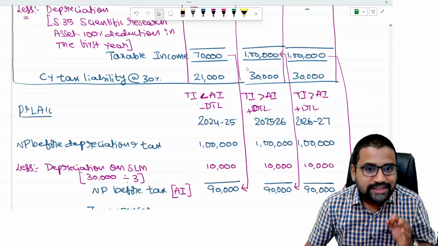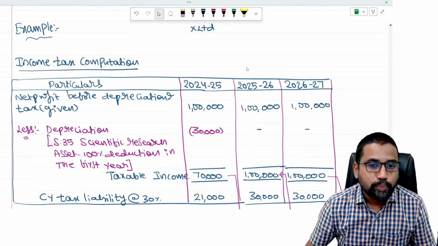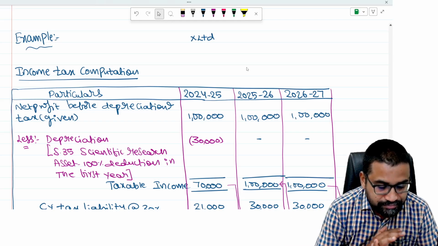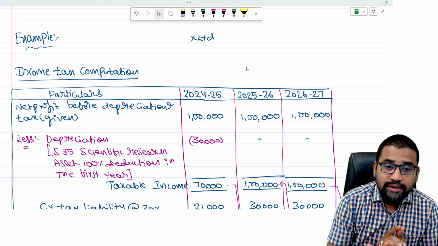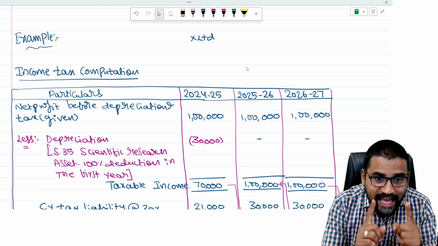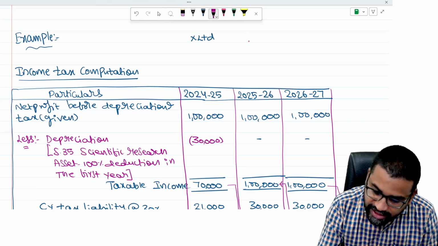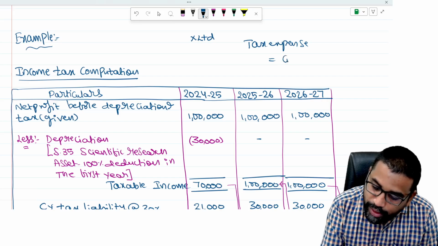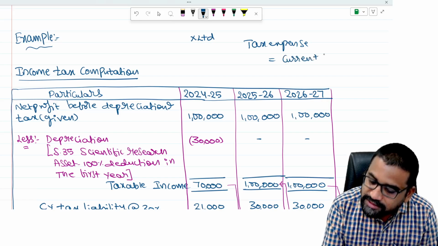So I think this is the concept of deferred tax. So to put it simply, what is the concept of AS 22, sir? See, simple. This standard says the accounting income and taxes are not matching. Here, in this standard, tax expense means two things. The standard itself said tax expense means two things. One is current tax.